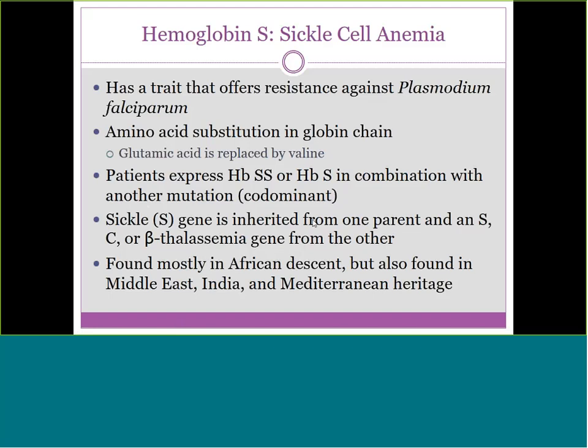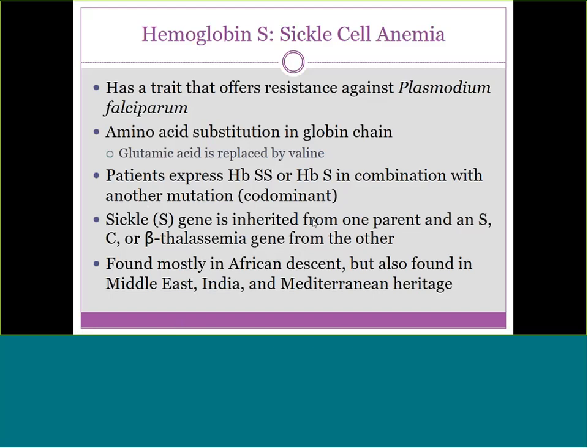Or if you got lucky enough, one parent had the sickle cell gene and the other parent had another type of hemoglobinopathy gene, then you can make a combo effect. So there is that possibility to see this in combination with other things, not just hemoglobin S. It depends on the fortune, I guess, that you had of your parents.